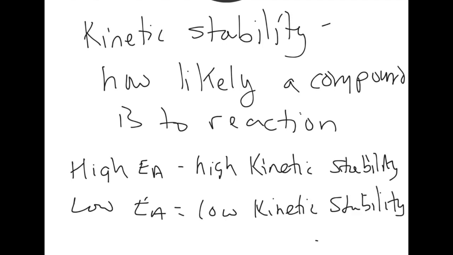Right? So when you have a high activation energy, it's going to take a lot of energy, a lot of oomph to make that compound react, right? Because it's got a big barrier. It's just happy staying where it is. A low activation energy, right, means that compound, it's easier for that compound to react. The barrier that's keeping it where it is isn't very big, so it's easy to get over it and go on to a new compound or to do something, right?